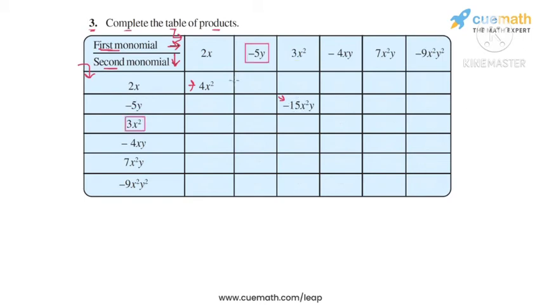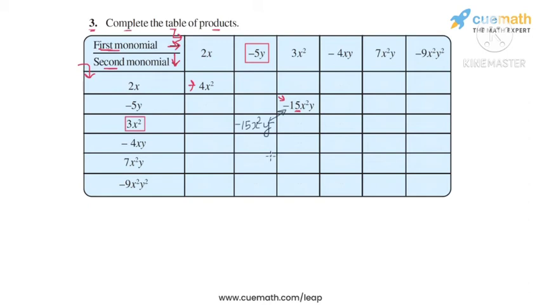So the product of minus 5y into 3x square, this we can write directly just by observing this product. We can fill this cell here also as minus 15x square y. Okay, so we can just observe that these two products will be the same and fill this cell directly. So in a similar manner, we can fill a lot of the other cells in the table directly.